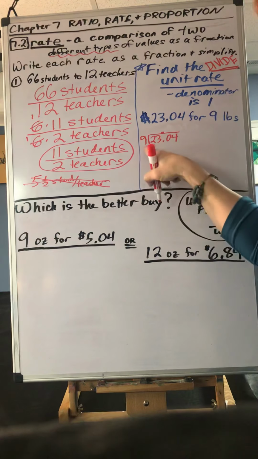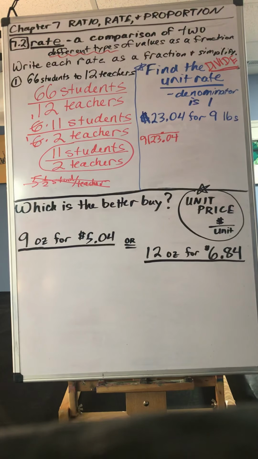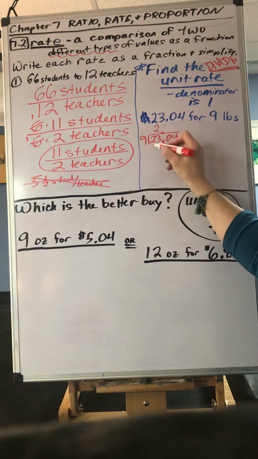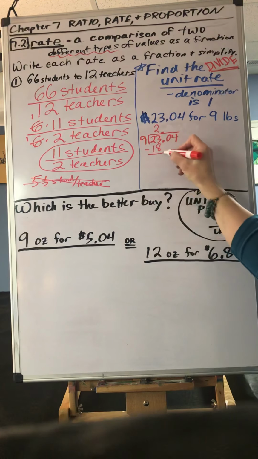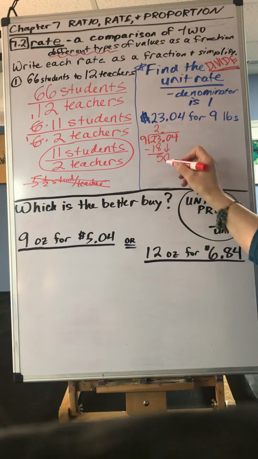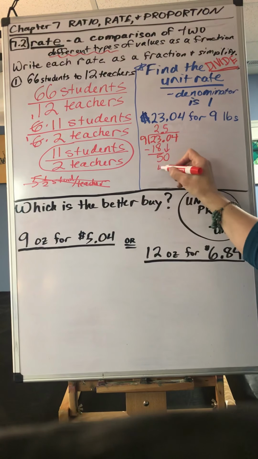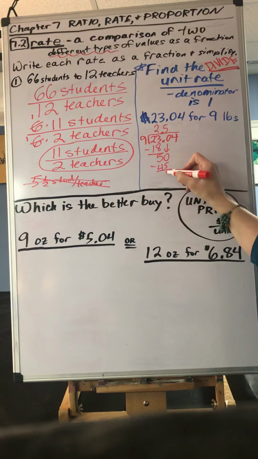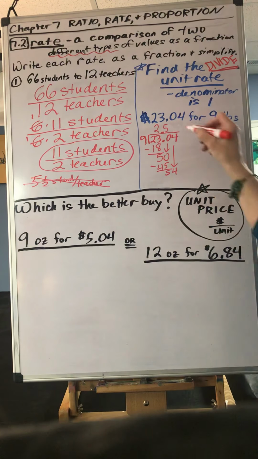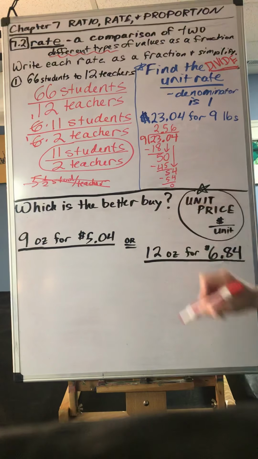My divisor is a whole number, so I'm going to simply put up the decimal and start my division. 9 goes into 23 2 times. 2 times 9 is 18. Subtract and get 5, and then I'm going to bring down the 0. 9 divides 50 5 times because 5 times 9 is 45. Subtract to get 5, bring down the 4. And then finally 9 divides 54 6 times. 9 times 6 is 54, and there is no remainder.